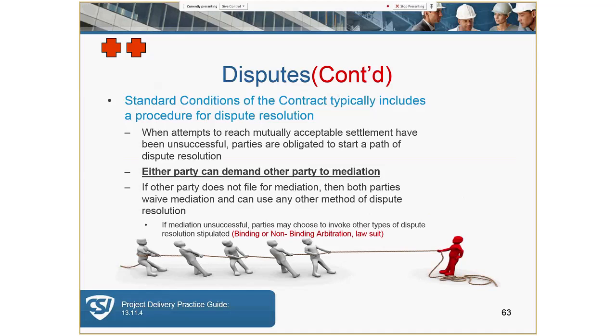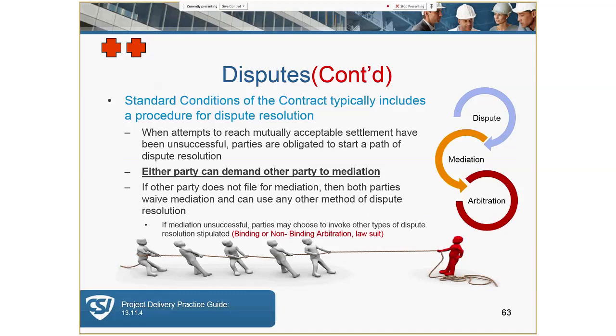So you can see from this process that it's best to try to resolve these claims when they're first filed and find some common ground. Well, that's the steps we're going through.